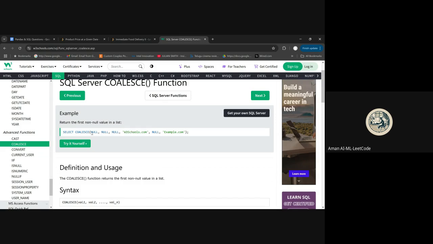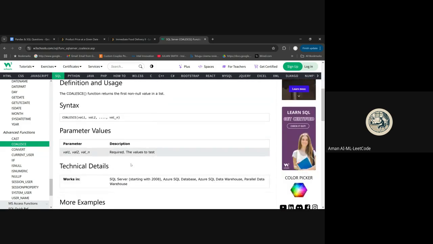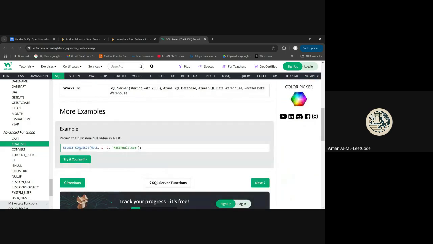For example, when you say select COALESCE(null, 1, ...), it is going to return the first non-null value. NVL is another function that does the same, not null value.